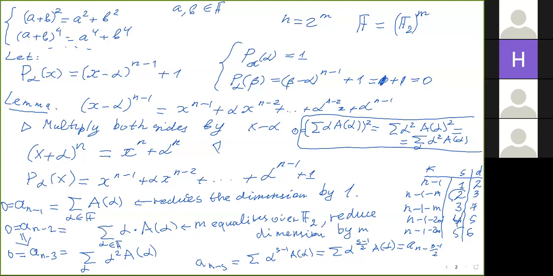So it doesn't matter actually. For this and this, the distance is this, for this is this, the dimension is the same. This is the same set of code words.